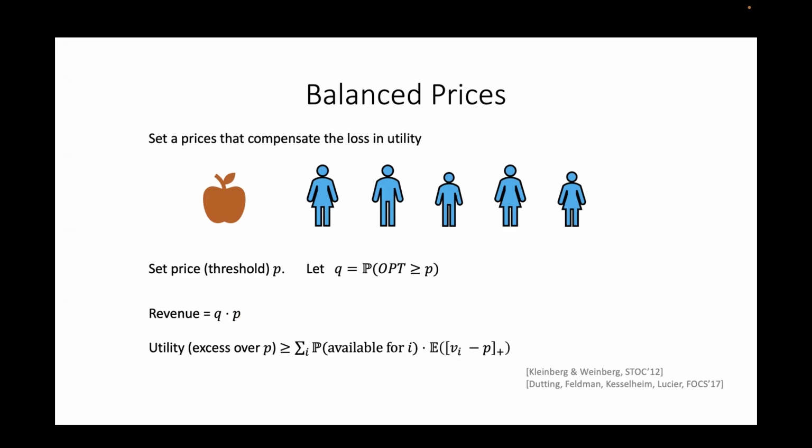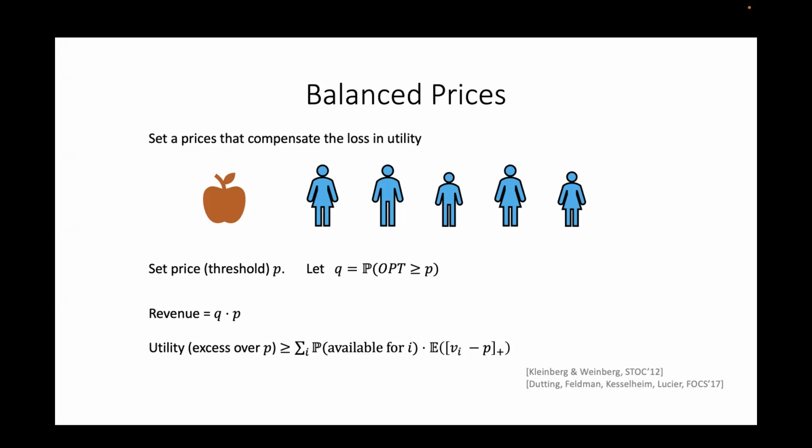Let's compute some things. So the revenue in this problem is just the price, right? If we sell the item, we get the price. And Q is exactly the probability that we sell the item, right? So the revenue is Q times P. And what is the utility? I said the utility is the excess over P of the person that gets the item. Well, this should be an inequality.